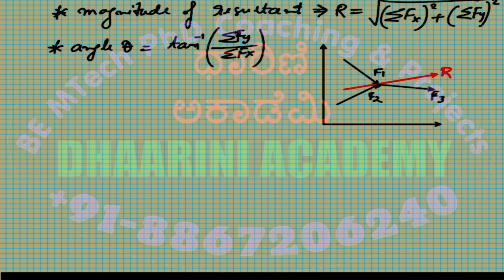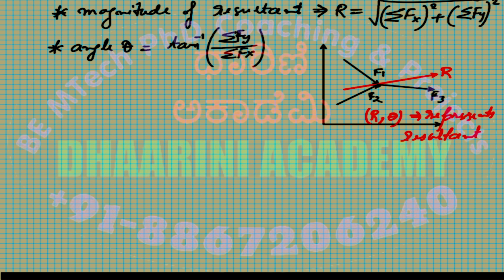That is sufficient. So we found R and theta, right? R comma theta itself represents the resultant. I don't need any other details.